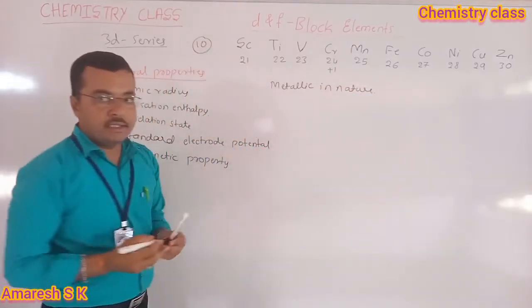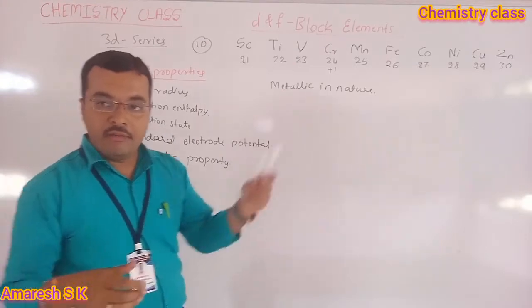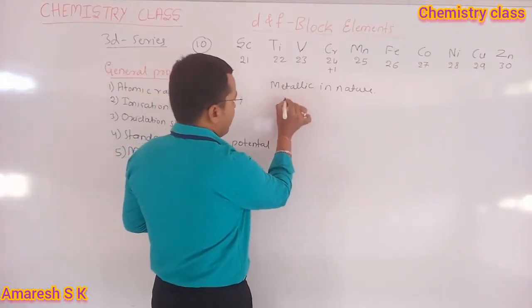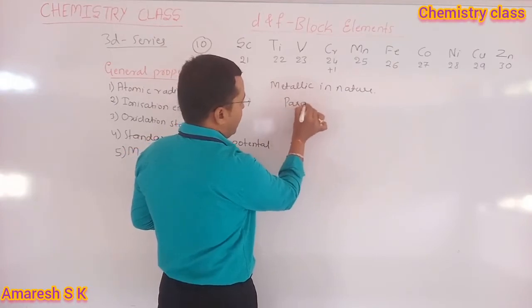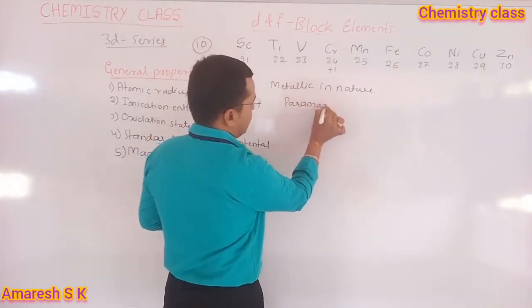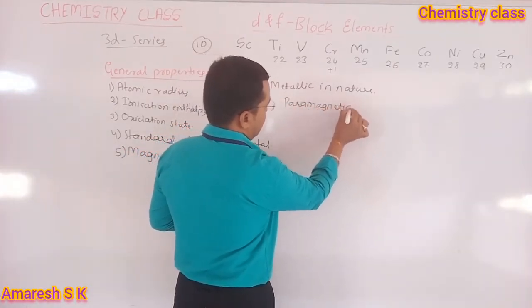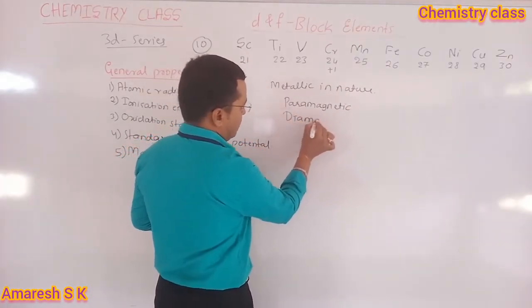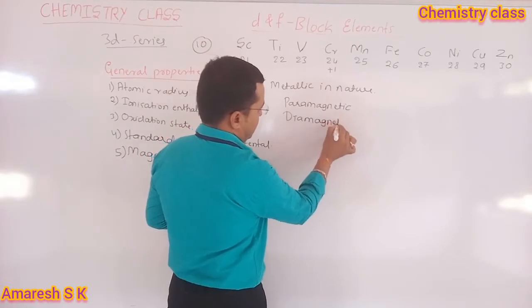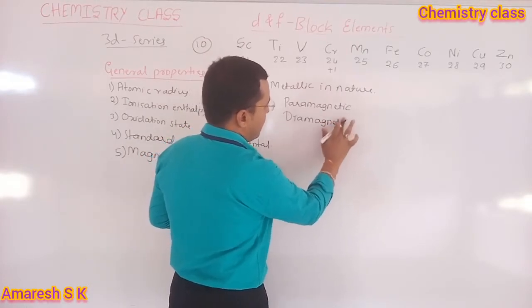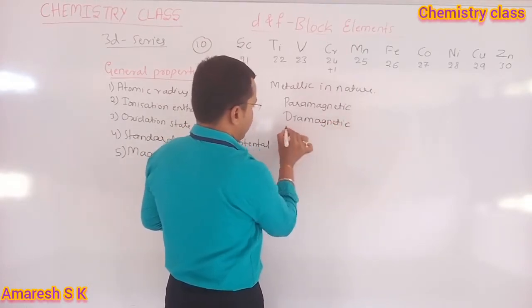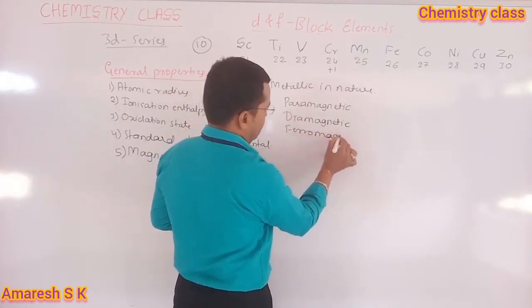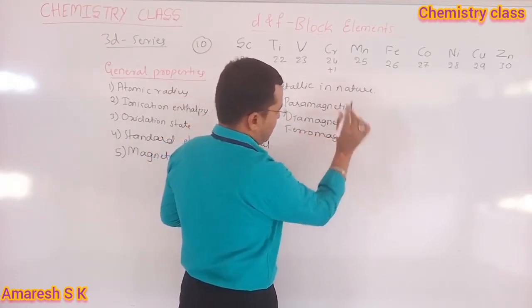In the metallic nature, we can observe the different types of magnetic property, that is paramagnetic, diamagnetic, ferromagnetic.